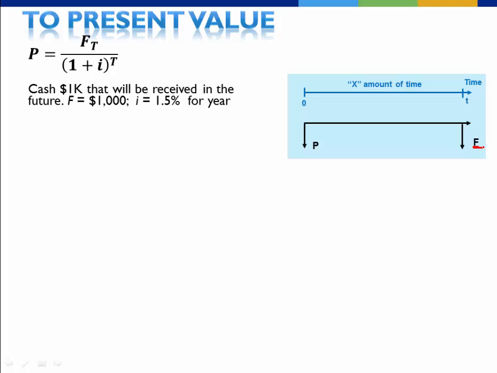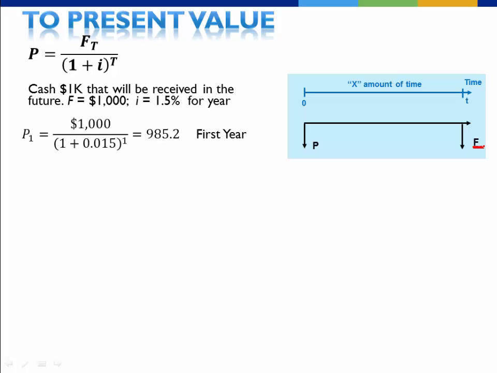Your mom or your grandma tells you, hey, when you finish your bachelor's, I'm going to give you $1,000, and that is 3 years ahead of you. So how much money does that $1,000 represent in present value?